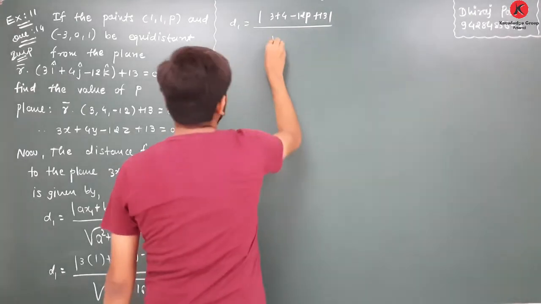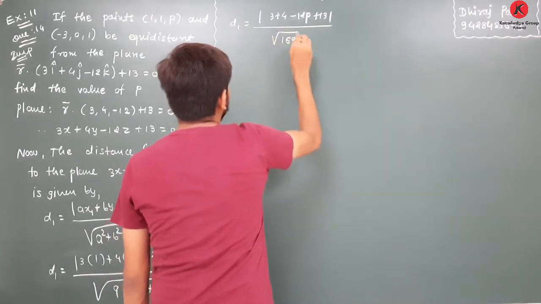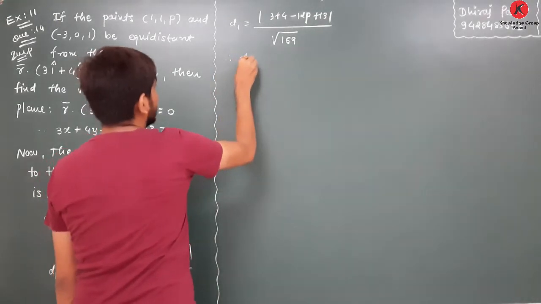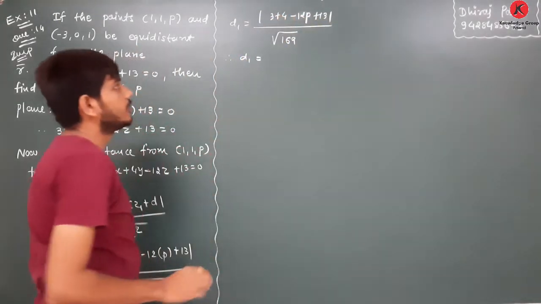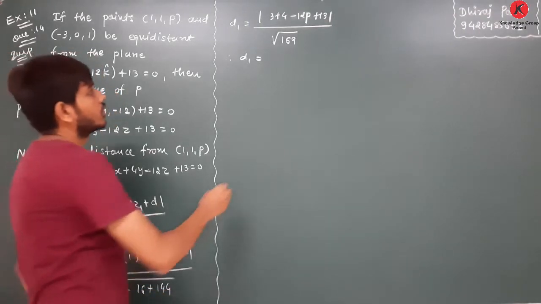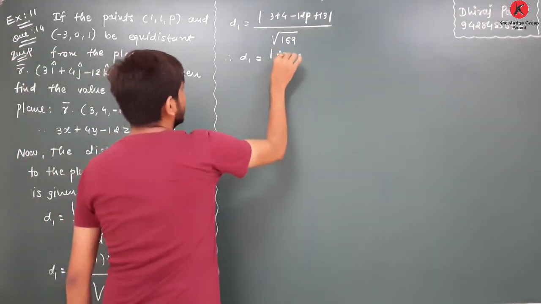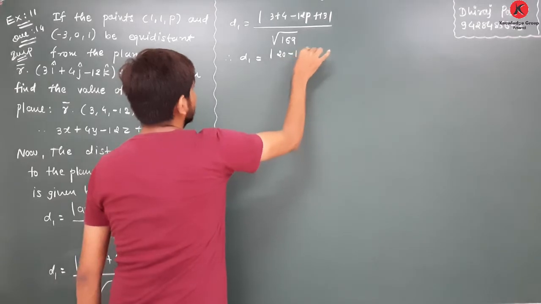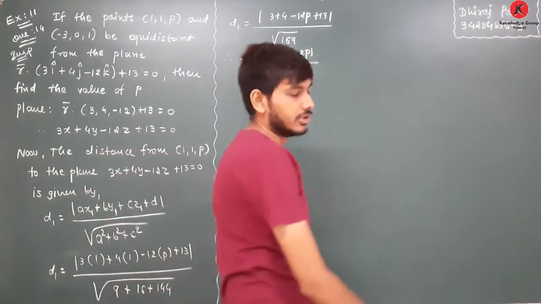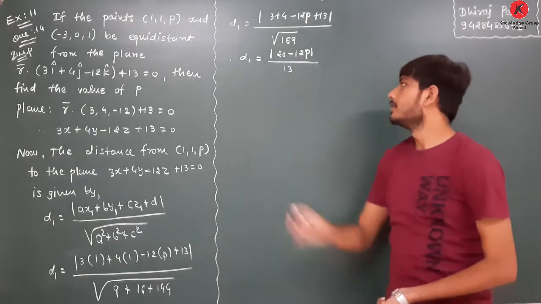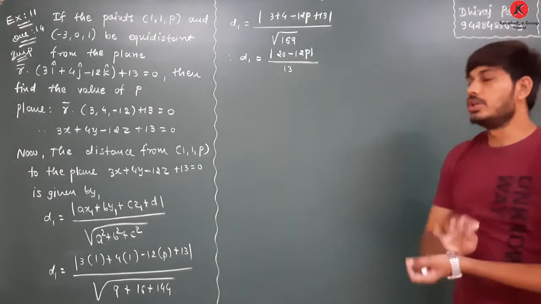This is under root 169. Simplify this thing, we are getting d1 equals to 13 plus 3 is 16, plus 4 is 20. This will equal to 20 minus 12p divided by under root 169, that means 13. Under root 169 is 13. This is your d1.